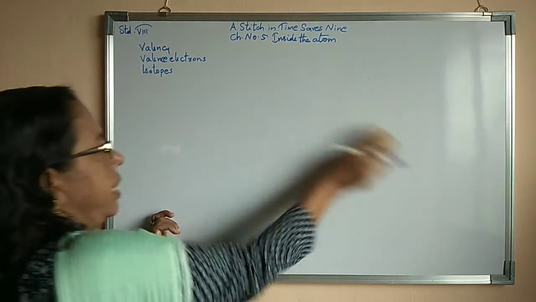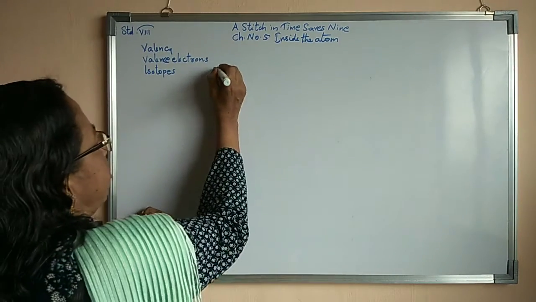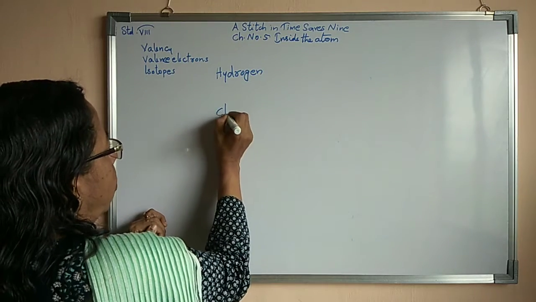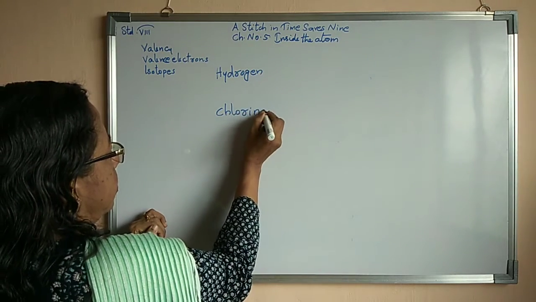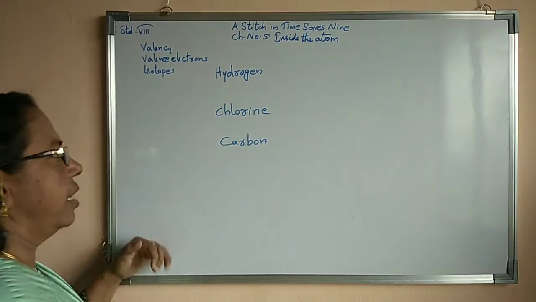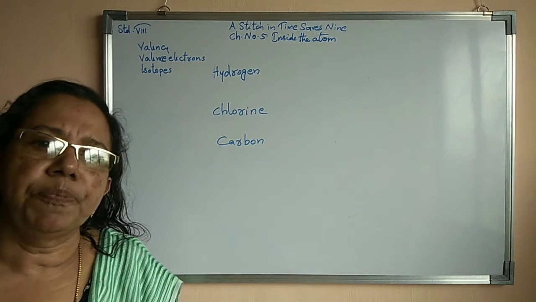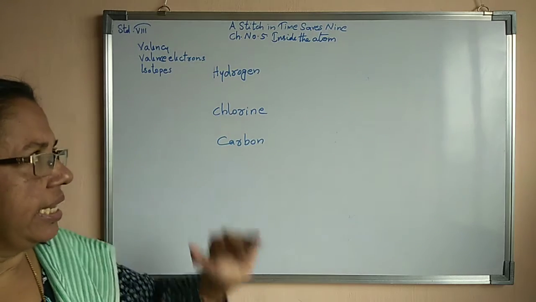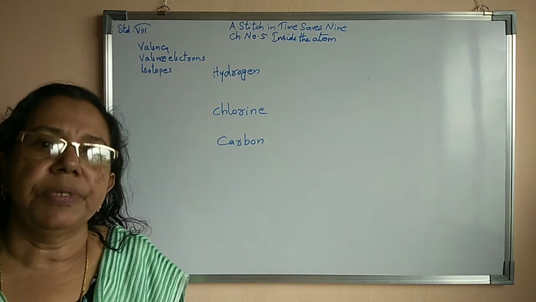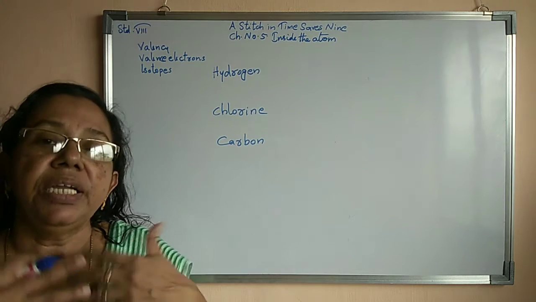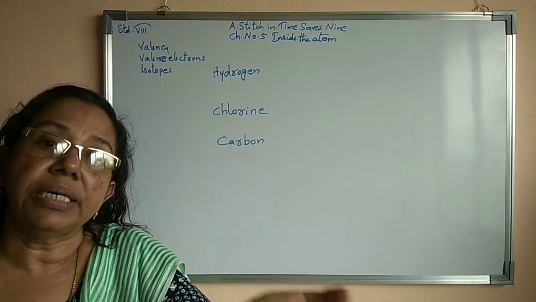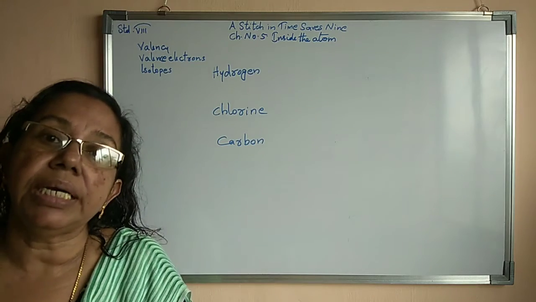Here I am showing the examples of hydrogen, then chlorine, then carbon. There are a few more elements that have isotopes. Isotope means that in nature, some elements have different types of atoms which have different atomic mass numbers but the same atomic number.